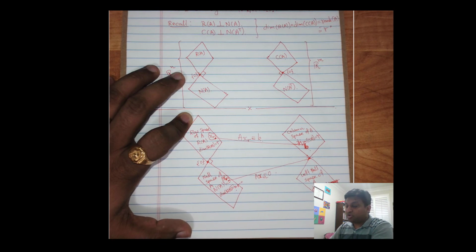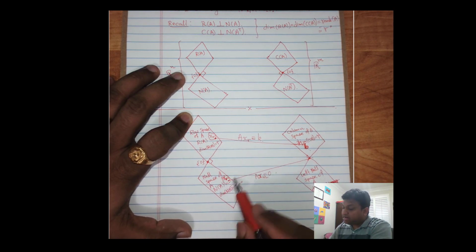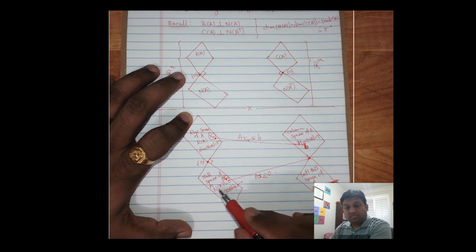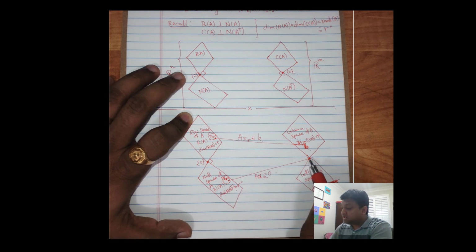Any vector sitting in the null space, if A operates on that vector, it will map it to 0. That means this vector solves A xn equal to 0.